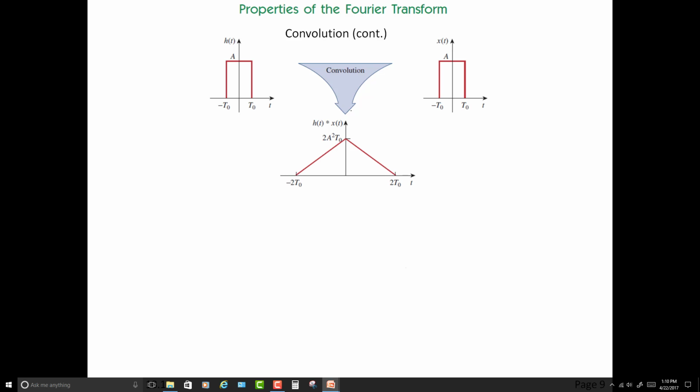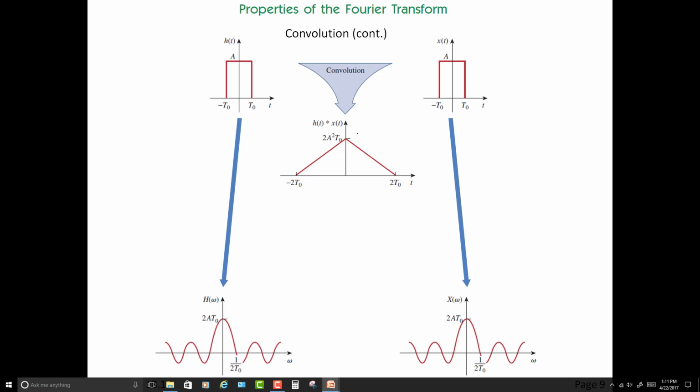But let's take a look. If I do that convolution, I get a triangle of this height. The magnitude when they're fully engaged will be a squared times the area, which is 2t0. Not hard. And then as they engage, it's a triangle. As they disengage, it's linear on this side.